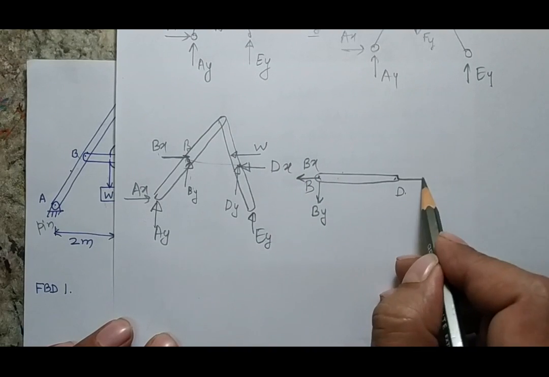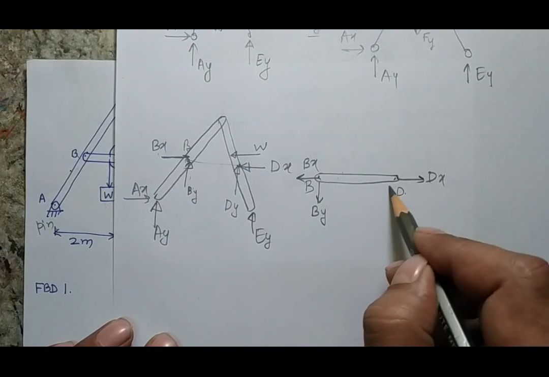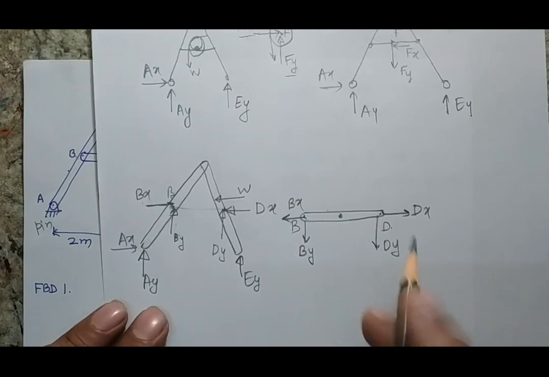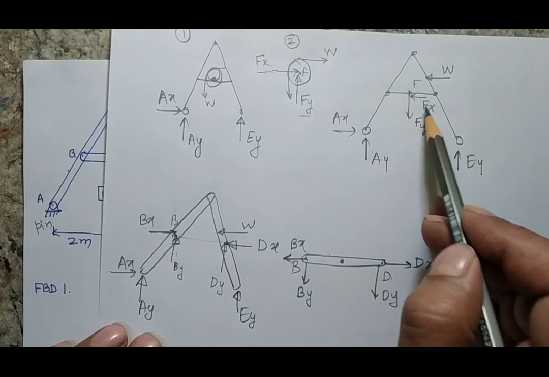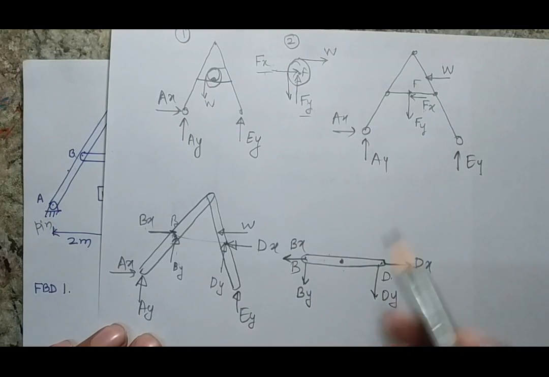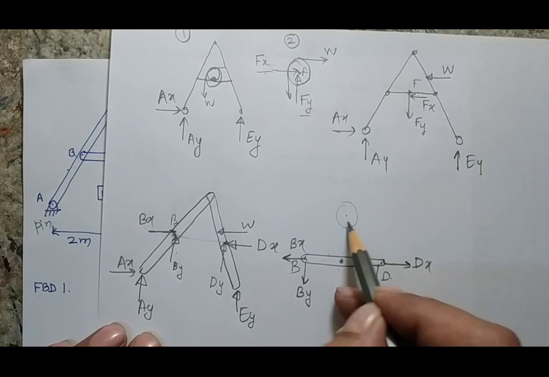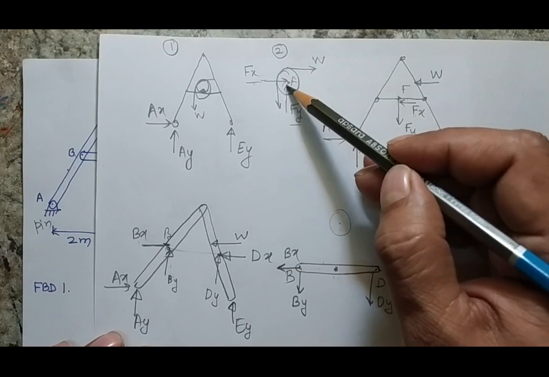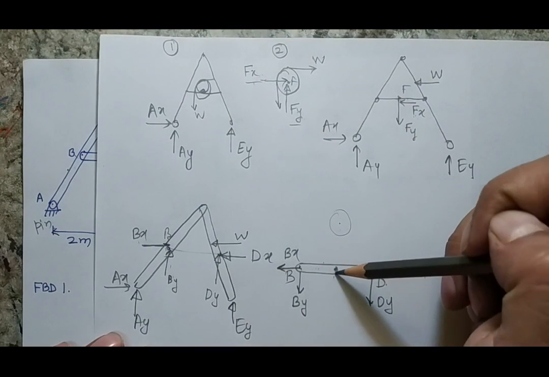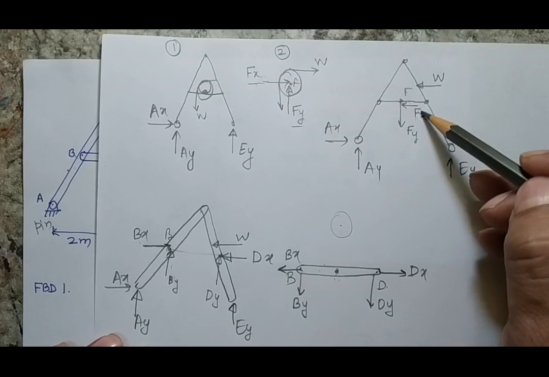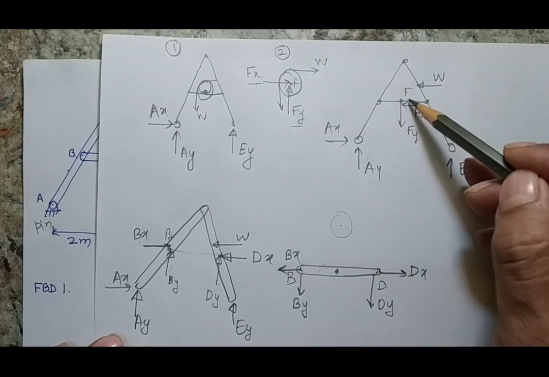Here also I will be having my DX and the downward DY and the pulley reaction. Now again I know that these are the reactions I have considered here, so I am going to take the same reaction. Why? Because this bar is the same here and here. The only counterpoint on the bar is on the pulley. So whatever direction I have considered on the pulley, the equal and opposite direction will be here. But I don't consider opposite to this point, because this is the same bar.